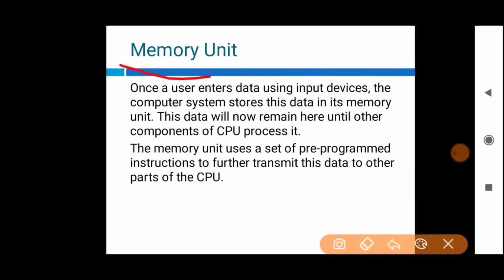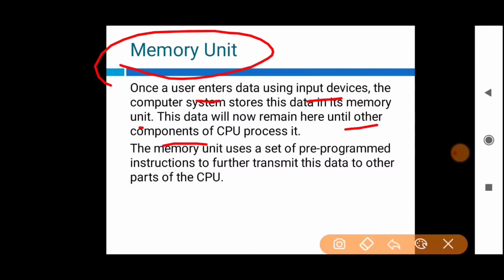Then you have the memory unit. Once the user has entered the data from the input device, sometimes the data has to be saved in memory. It can be your temporary memory or some external memory device. This memory unit will allow the data to remain there until the other components of the CPU process it.